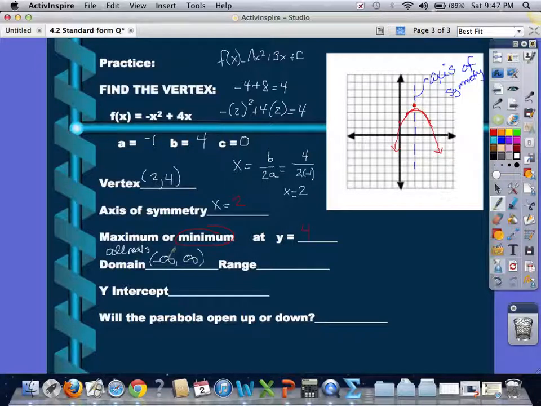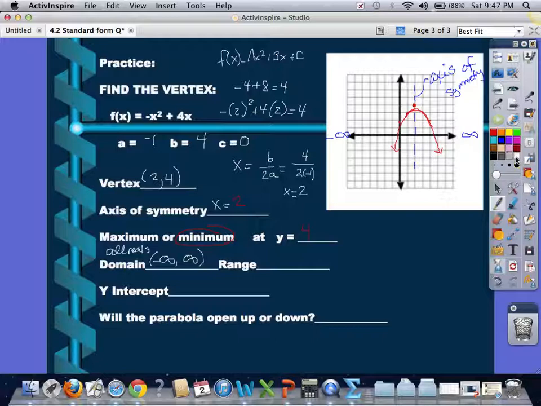That is another way of saying all reals. That means that it's going in all directions. So let me write that in here. Negative infinity here and positive infinity here. That means it will incorporate every single x value.